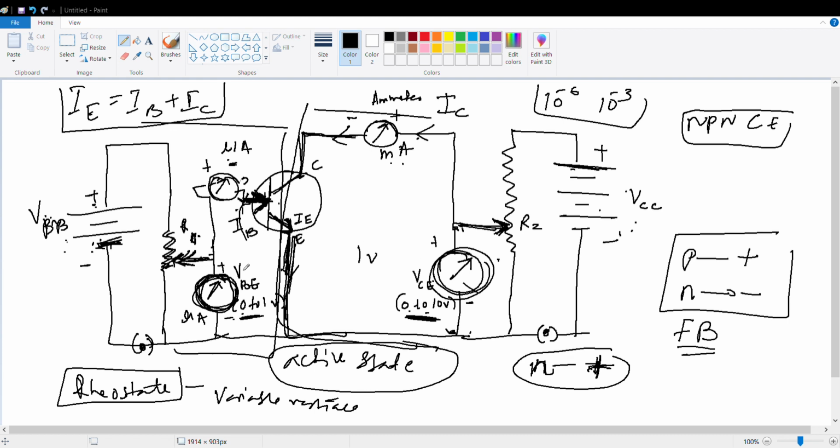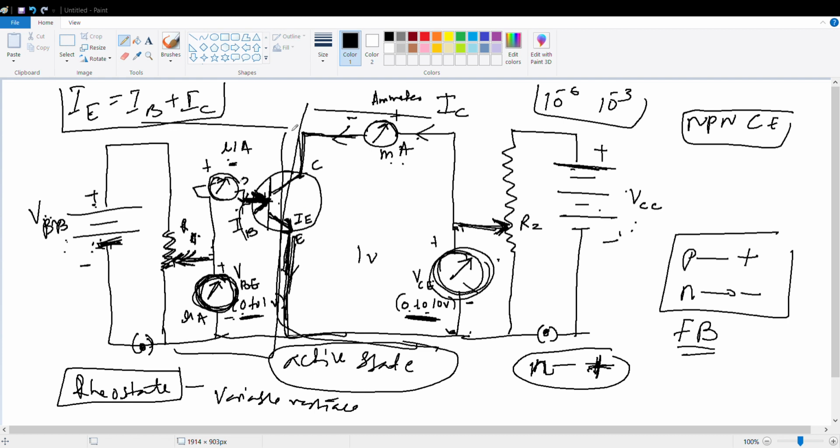And second line, you will say that we will change VBE, keeping VC constant at 1 volt, and you will plot the graph. Now again you will change VC to 2 volt and change VB, you will get another graph. So this set of graphs is nothing but the input characteristics of a transistor. Clear? Done. This is 5 marks.